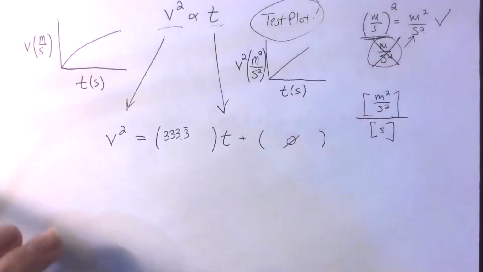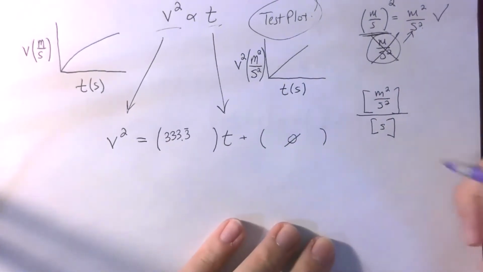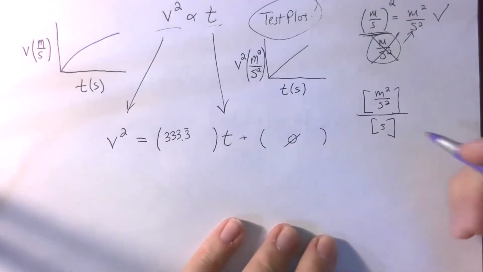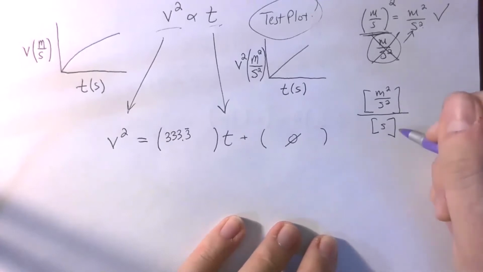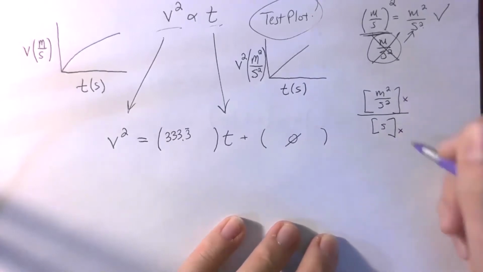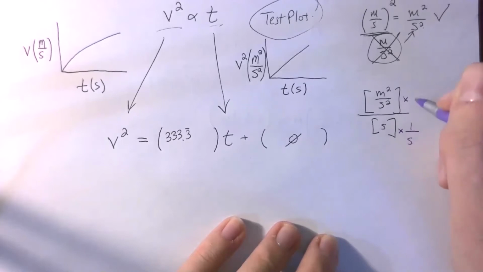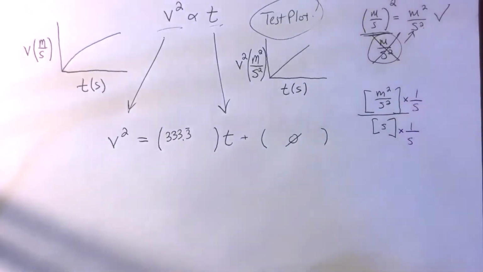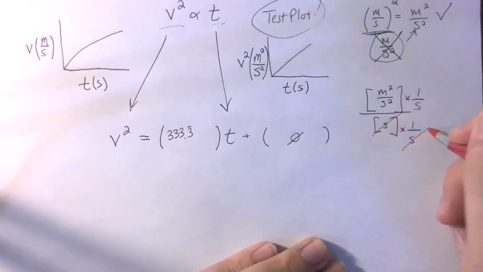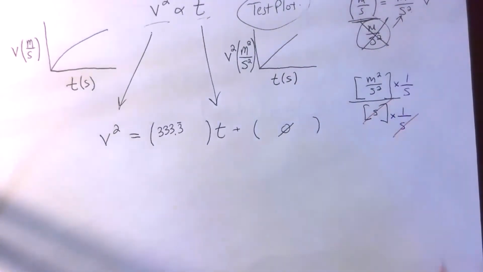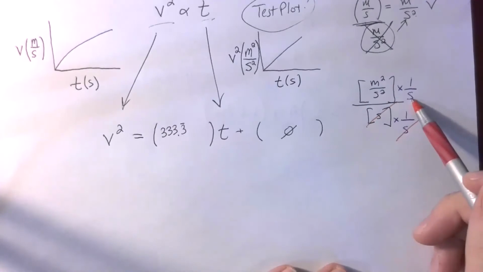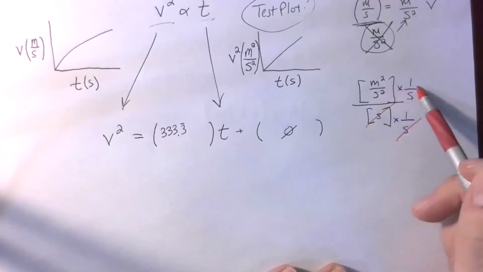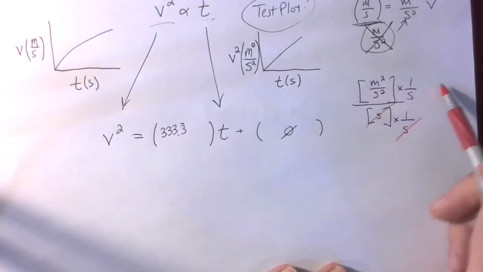Now, just to be sure that you know how to simplify this properly, we go through the same process that we did before for simplifying a complex fraction. We multiply top and bottom by the reciprocal of the denominator. So that allows for what we have down here to go away. And what we see that we're going to be left with here, multiplying across, m squared times 1 is m squared.